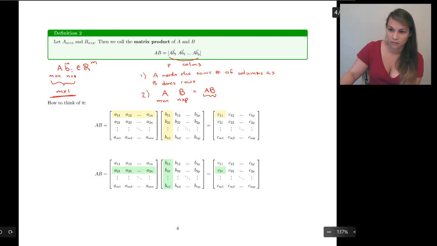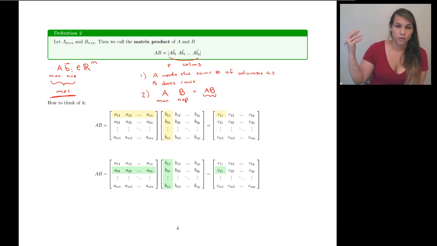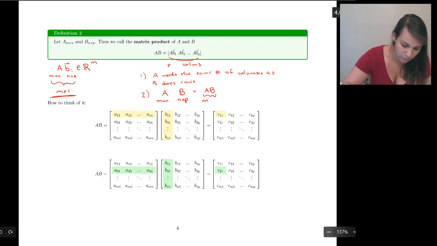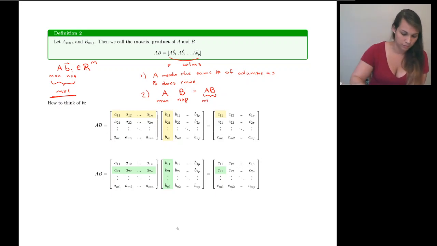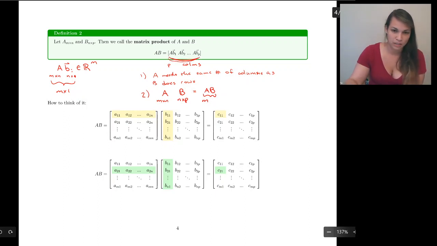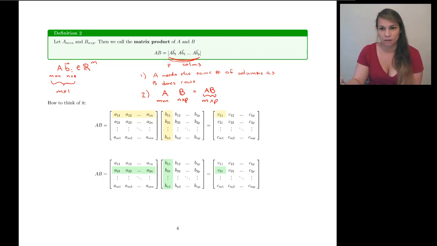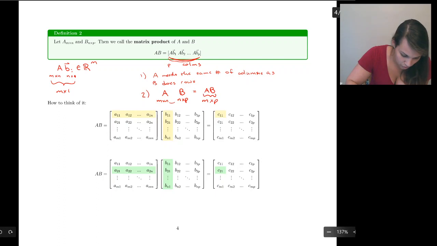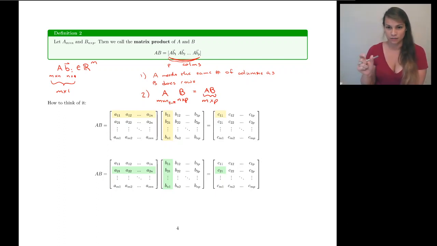So if A times one of the columns in B is going to be m by 1, that means our result here, A times B, is going to have m rows as well. And then I already pointed out over here that we've got p columns, and so it ends up being an m by p matrix in the end. So when you're multiplying, first thing you always want to check is, does that inside value match? And then whatever your result is going to be is the outside two.